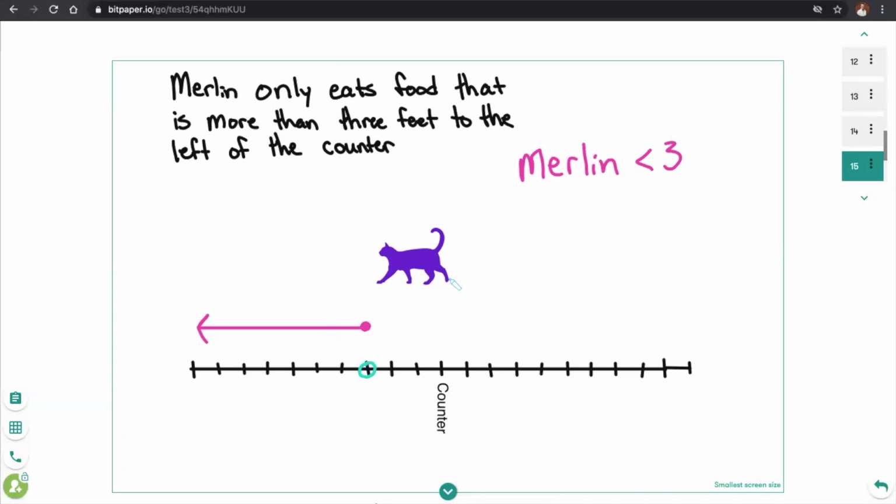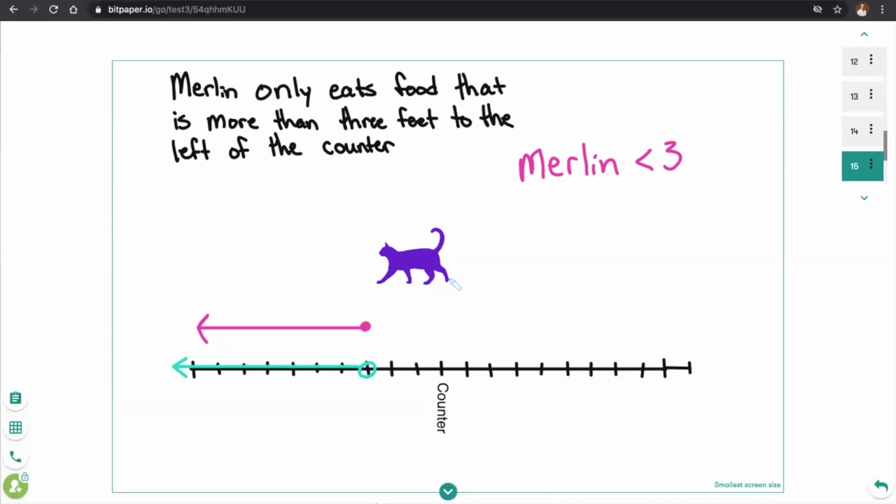And then our line will extend. Should be a straight line like that, out forever there. So anywhere that's less than 3.